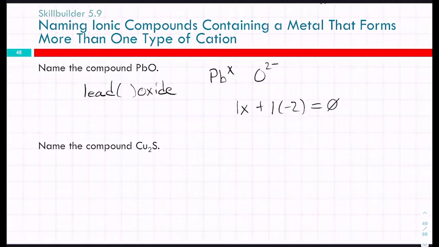Those have to equal 0. So X plus a -2 equals 0. So X equals 2. So then we can just fill in here that lead has a 2+ charge in Roman numerals.